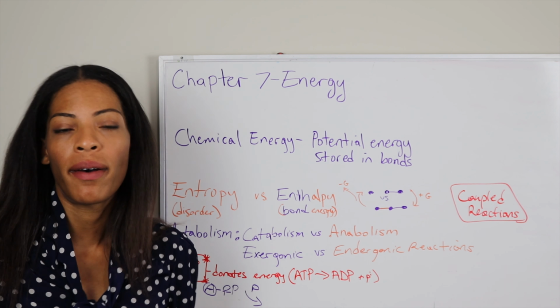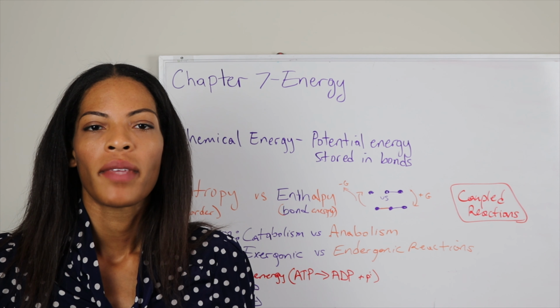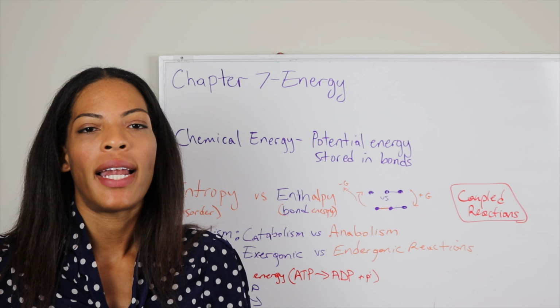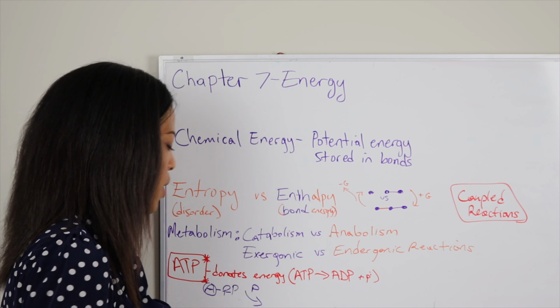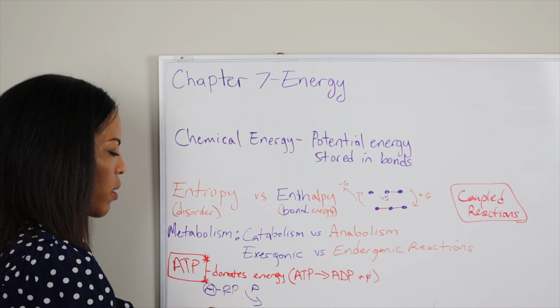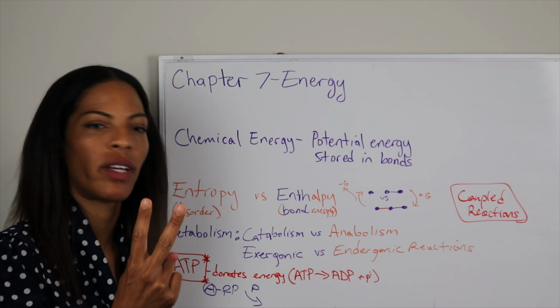So when we talk about your mitochondria, and we'll talk about that more in the next chapter, the mitochondria helps to produce ATP, and ATP helps to allow other reactions to take place, because when this phosphate is broken off of the main ATP molecule, it becomes adenosine diphosphate, which just means 2 phosphates.